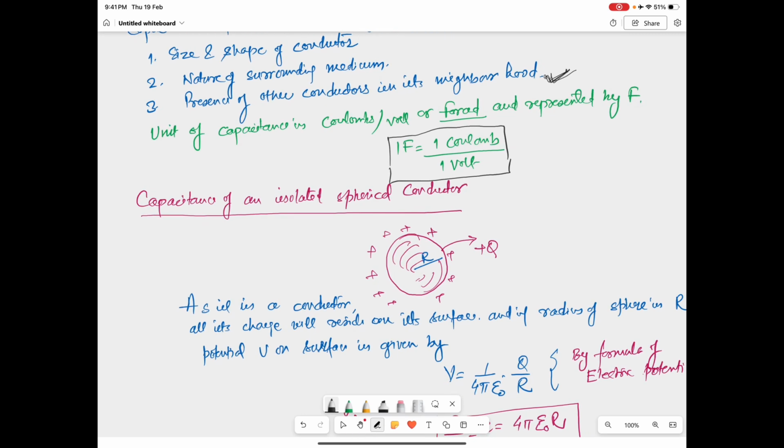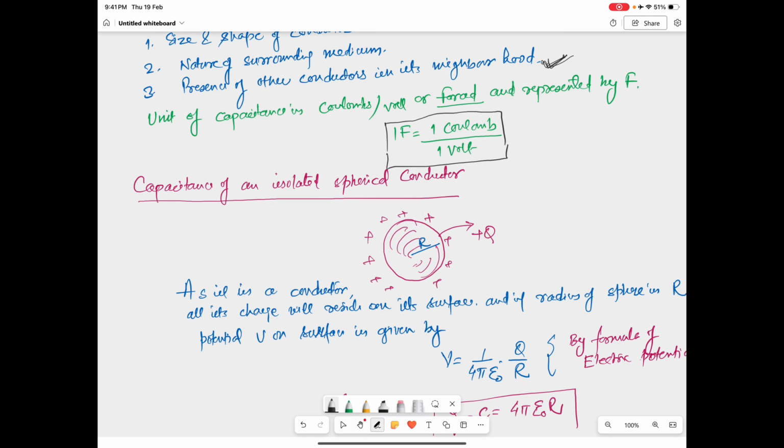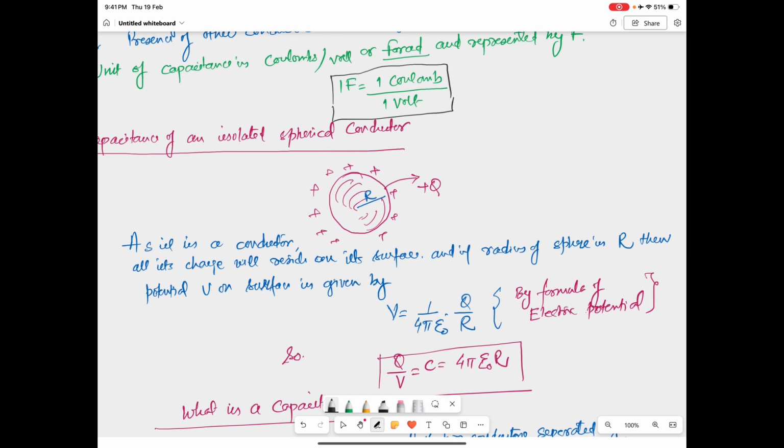Now, the capacitance of an isolated spherical conductor. If I talk of an isolated spherical conductor on which a charge q is given, the charge q will be entirely on its surface. If its radius is r, then the potential is given by 1 upon 4 pi epsilon naught times q by r.